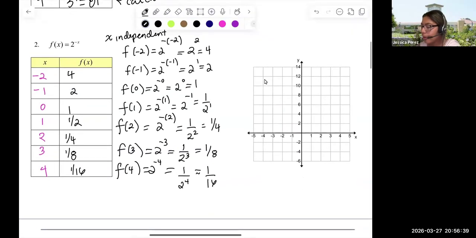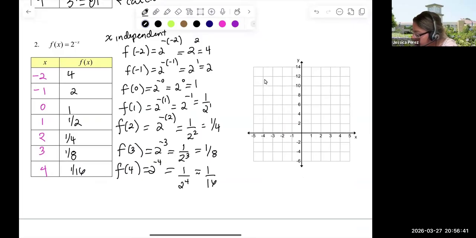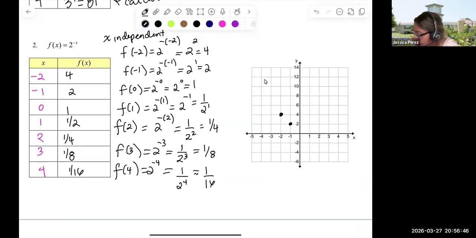Now I'm going to go ahead and graph -2 and 4, -1 and 2, 0 and 1, 1 and 1/2, and then 2 and 1/4, and then 1/8, and then 1/16. See how it's decreasing?